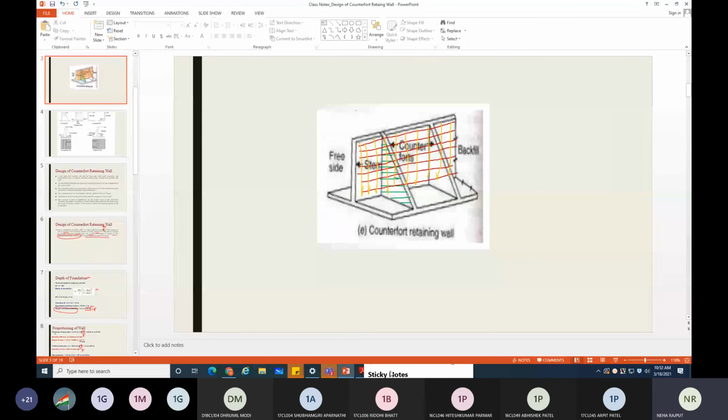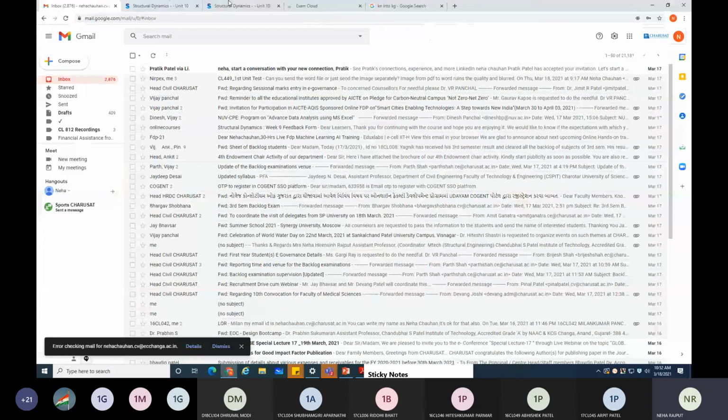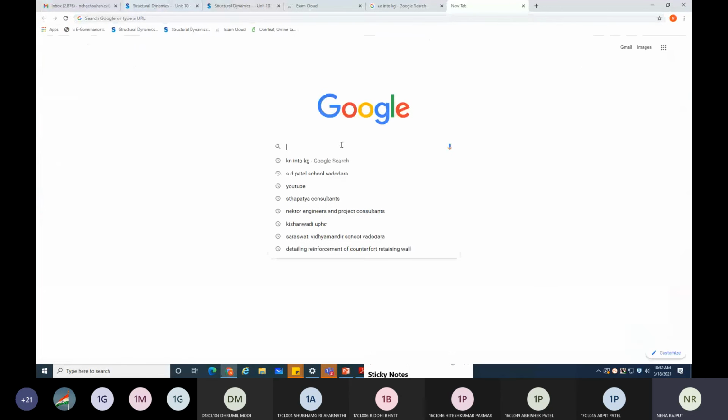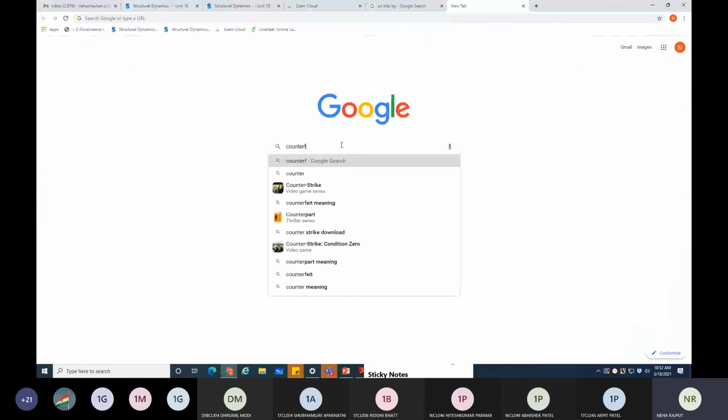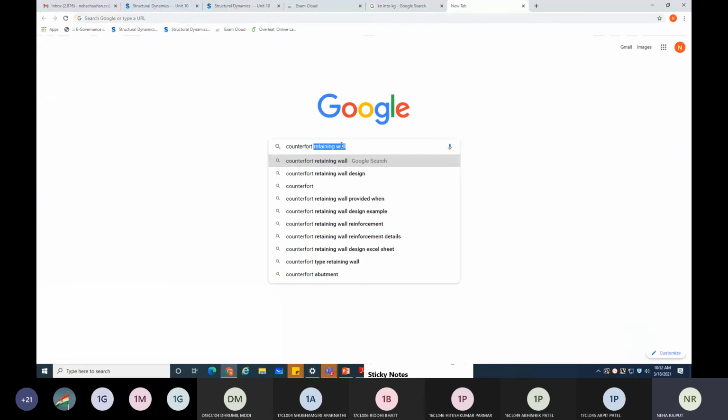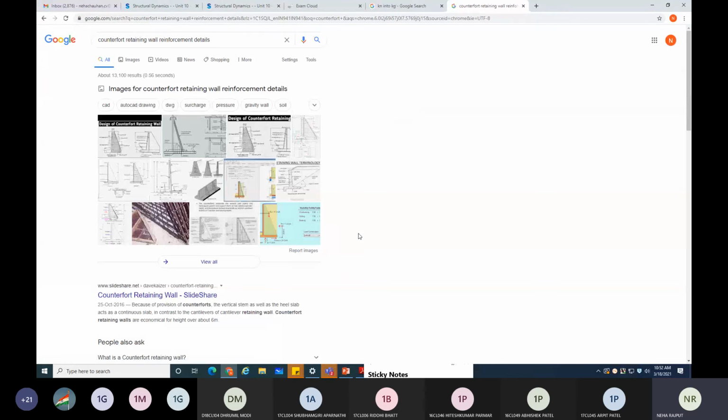So just I am showing you the detailing also.